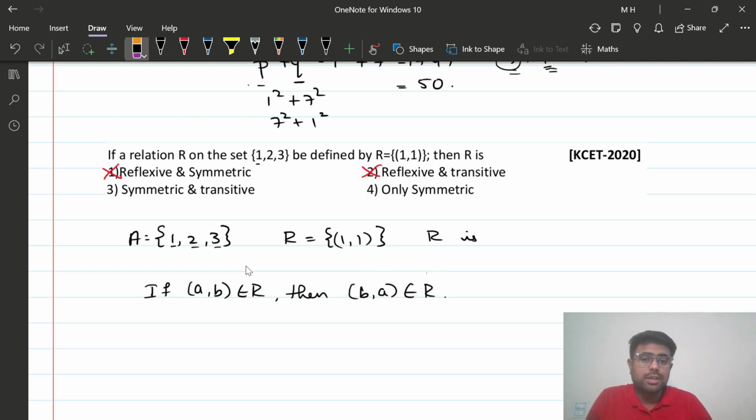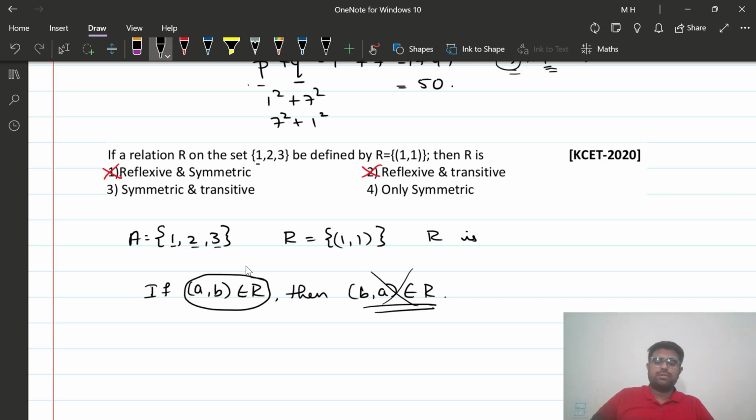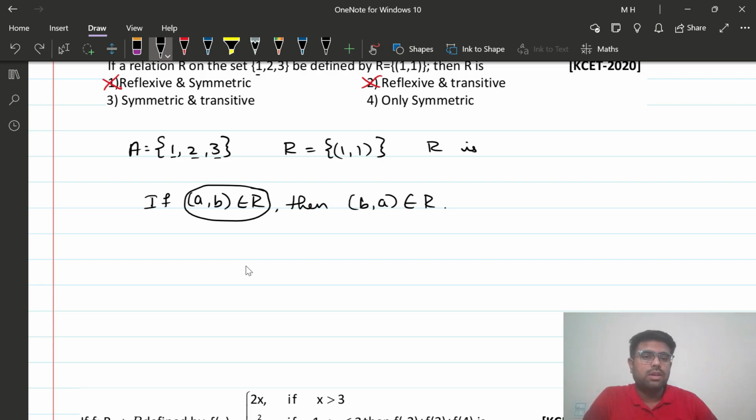And what about the transitive relation? Just a minute, before going to the transitive relation, what if there is no element like AB? Then do we have to search for BA? No, there is no need of searching for BA. If AB itself is not there, then by default it is symmetric. For example, if I give you the relation R equal to the empty relation, is it reflexive? No. Why is it not reflexive? Because (1, 1), (2, 2), (3, 3), none of them are in R. So it is not reflexive.